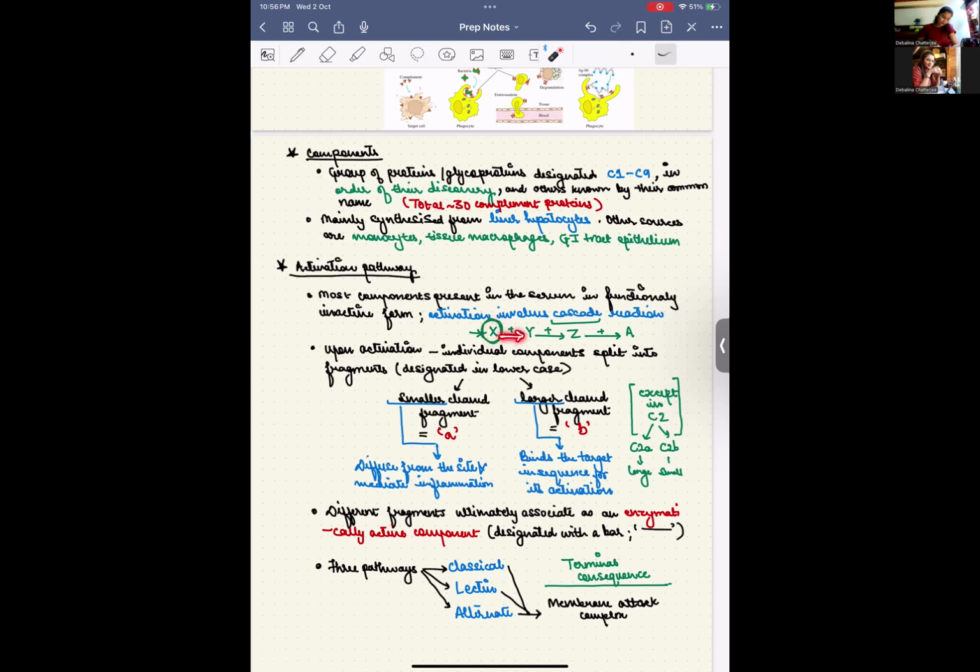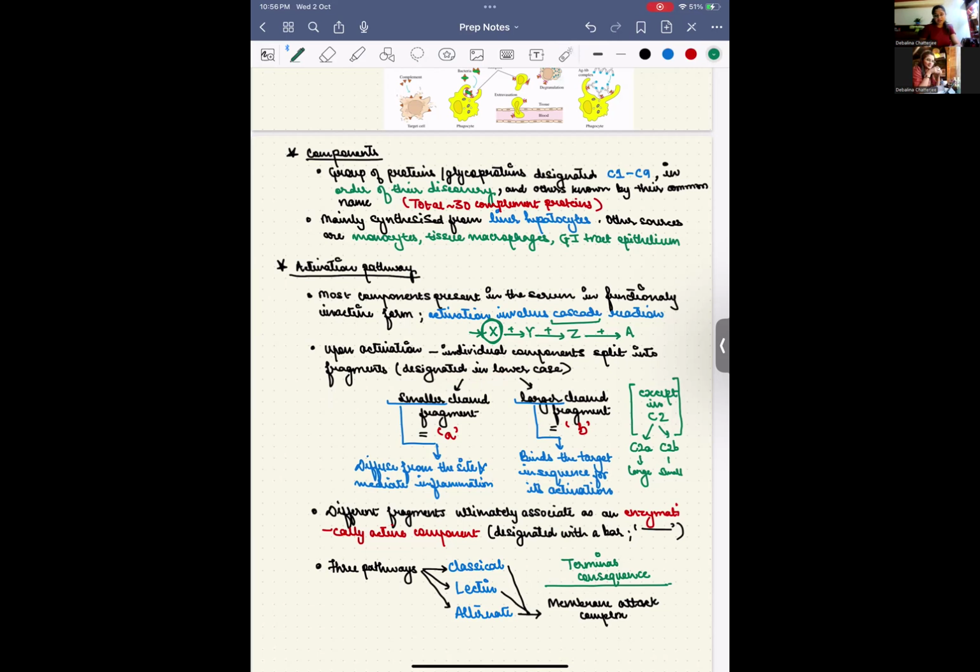One fragment is going to activate the next in line, and the other is going to mediate some other function. As a part of convention, the fragments are designated with a lowercase letter.